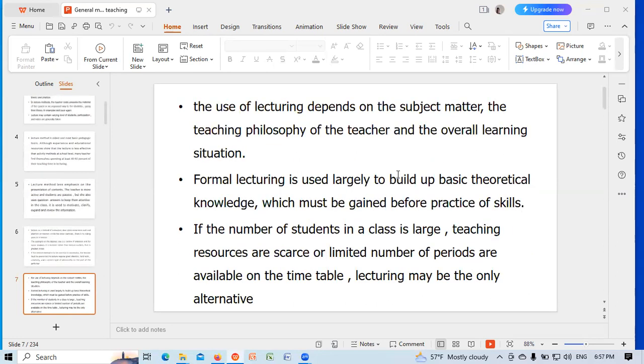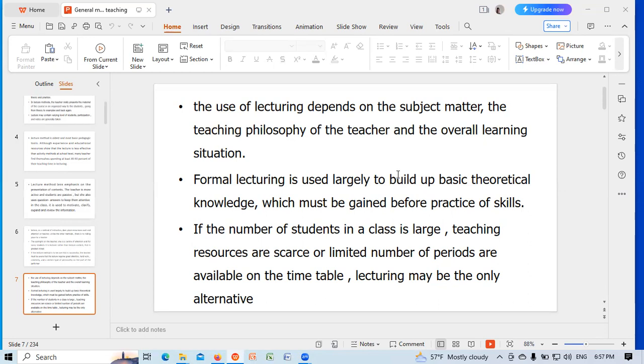The use of lecturing depends on the subject matter, the teaching philosophy, and the overall learning situation. Formal lecturing is used largely to build up the basic theoretical knowledge which must be gained before practical skills.